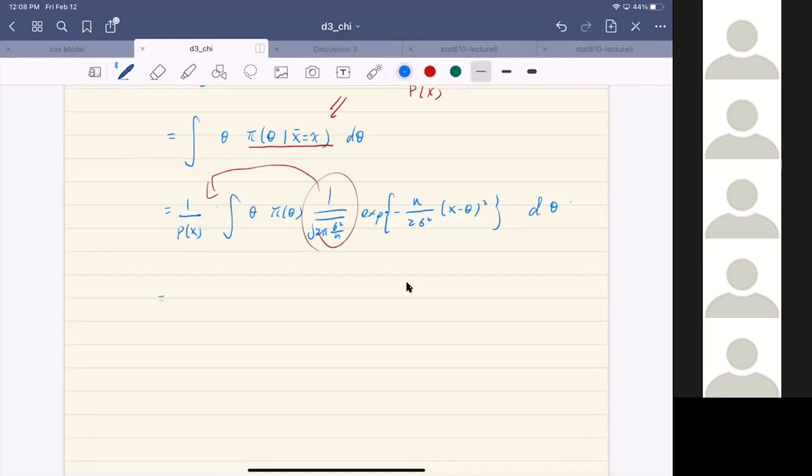And it can be written as this p of x. Here we want to do things like this: theta minus x, exponential.